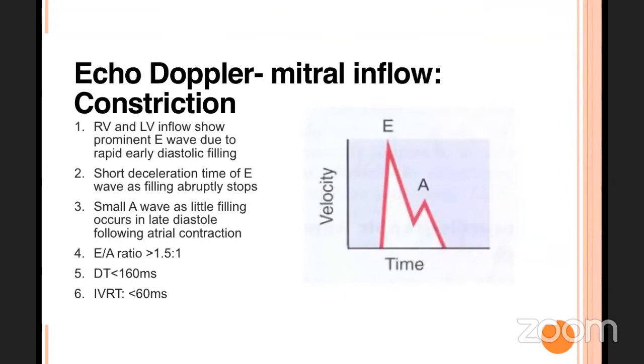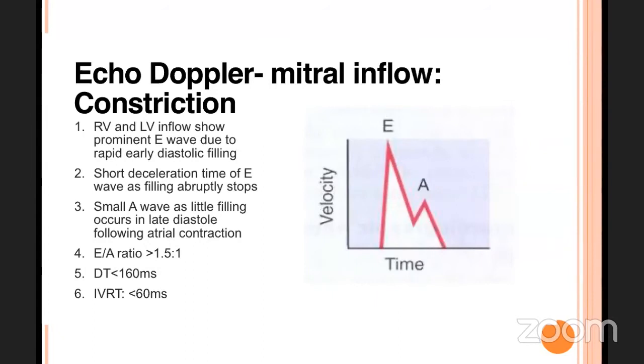So once you see on 2D echo that the ventricle size is normal or smaller, and both atria are dilated, and the mitral blood flow pattern shows a restrictive pattern, then you need to think: is it constrictive pericarditis or restrictive cardiomyopathy?